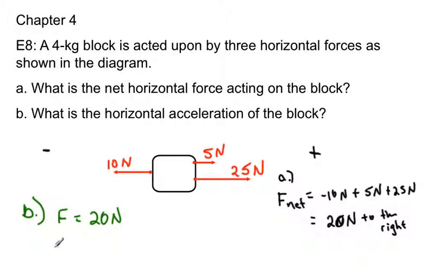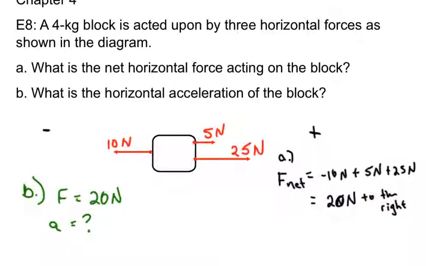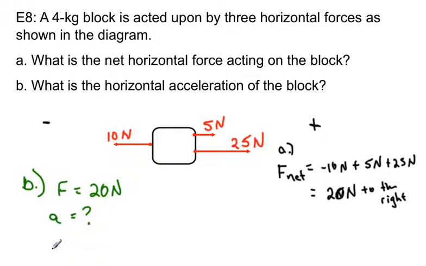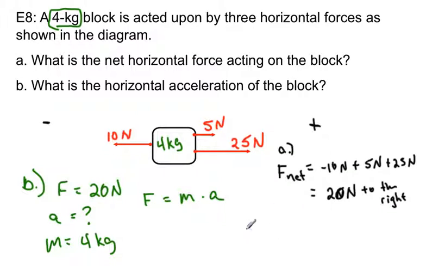I have an acceleration that I'm looking for. And what else do I have here? Oh, I have a mass. I know that this is a 4 kilogram block, so I have mass. I have force, I'm looking for acceleration, I have mass, so I can use force equals mass times acceleration.